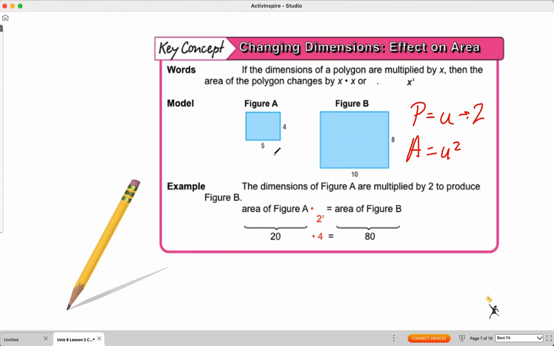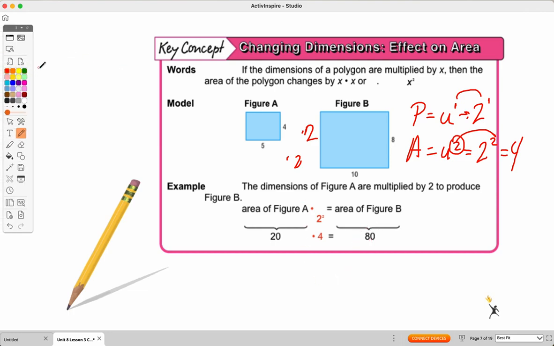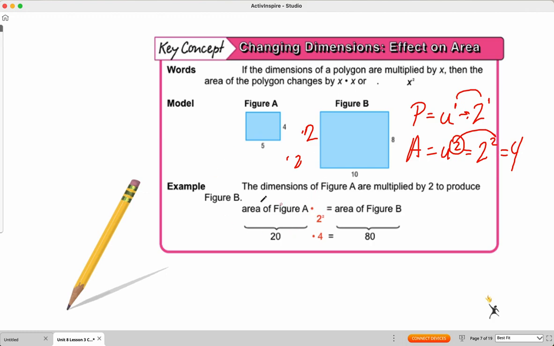But here, because I'm multiplying both the length by 2 and the height by 2, this would be 2 squared. I use my units to help me remember what the magnitude is. 2 to the first power is 2, 2 to the second power is 4. That makes my magnitude 4. And that's what's going to happen with the area of the figures. It's always going to be the magnitude squared, the amount of change squared.